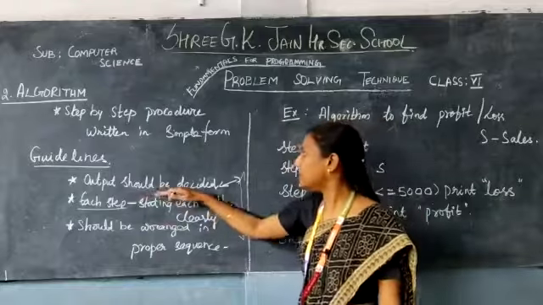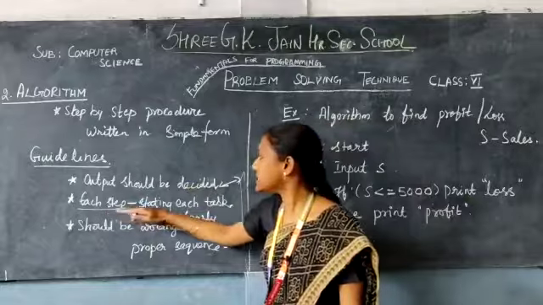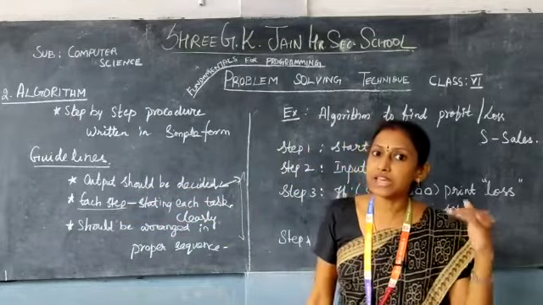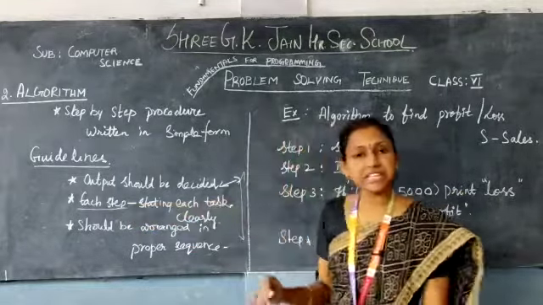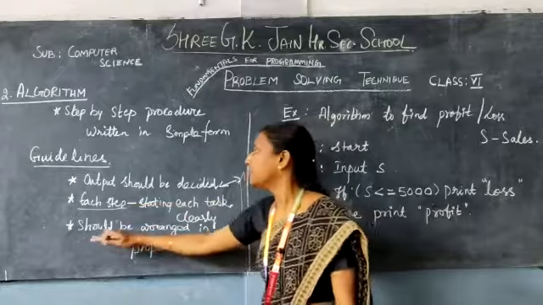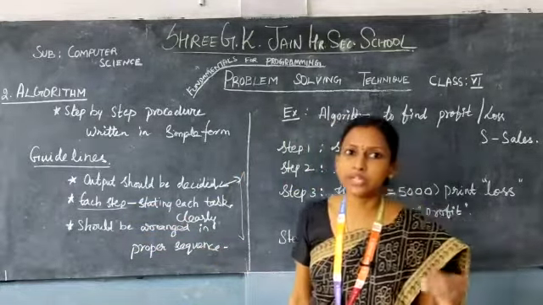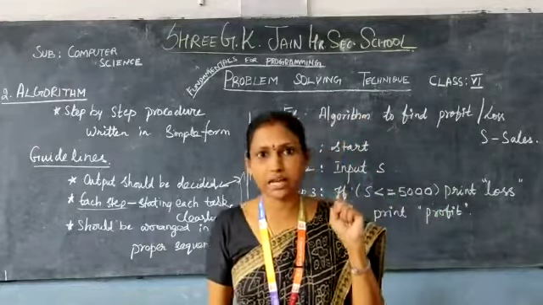The output should be decided at the beginning before writing an algorithm. Then each step of our algorithm should specify each task clearly. Next, it should be arranged in proper sequence. An algorithm should be arranged in proper sequence to get a desired output.